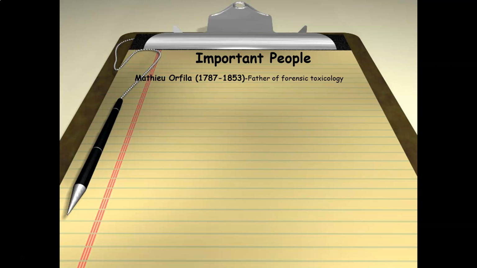And one is Matthew Orfila. Matthew Orfila was what we call the father of forensic toxicology. He is originally Spanish. He did a lot of his work in France. He taught medicine in France. So he studied a lot about the human body, illnesses, toxicology, poisoning. He was one who really looked at poisoning.